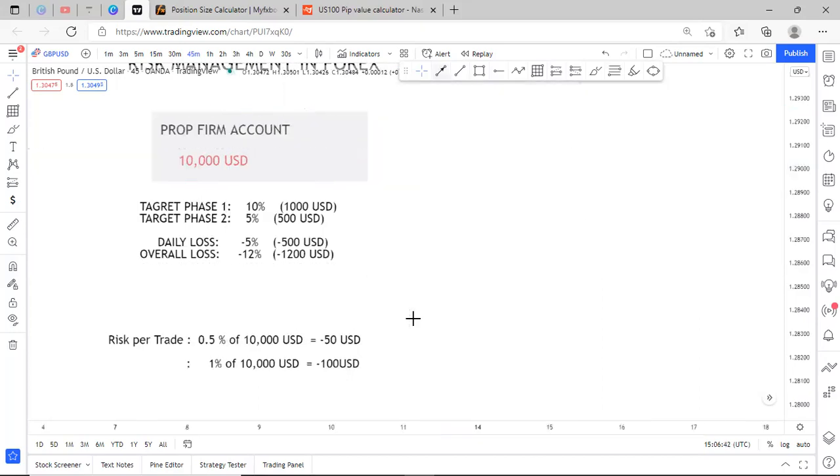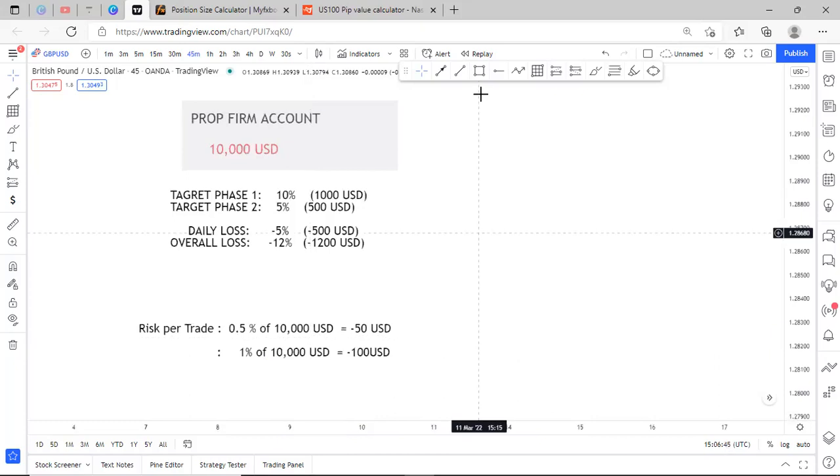Now for example, per trade we risk 0.5%. So on this particular trade, let's say I took a trade and it was a losing trade. I lost $50 out of my account. The next trade I'm taking, if it's a winning trade, I want to make sure I'm getting nothing less than $150 US profit from that trade.